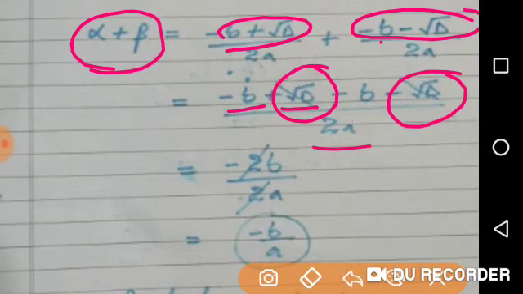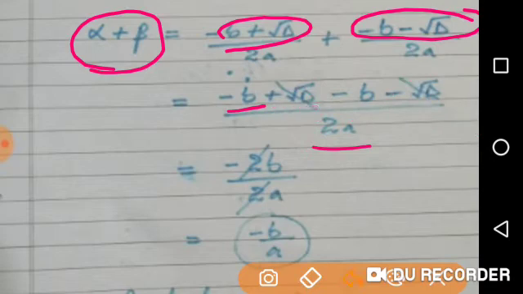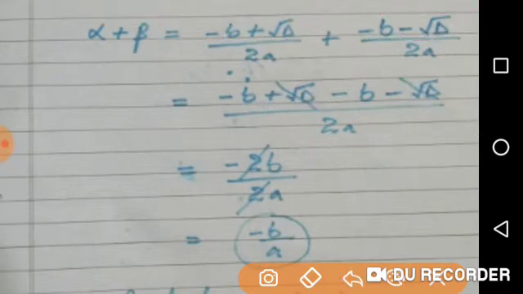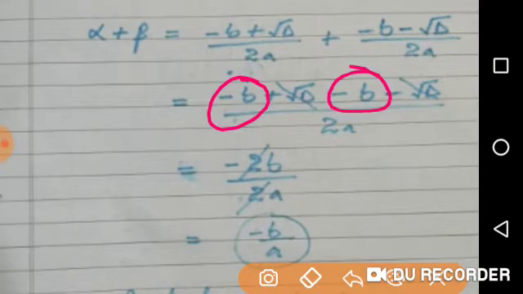What remains? Minus b and minus b. Minus b minus b is equal to minus 2b divided by 2a. 2 and 2 will be cancelled out. So our formula will be minus b by a, which is the sum of the zeros of the quadratic equation.